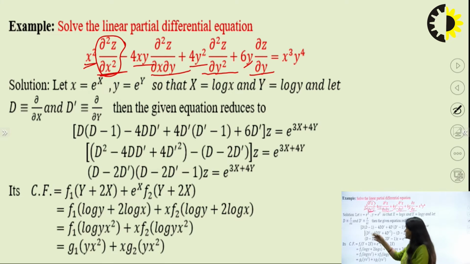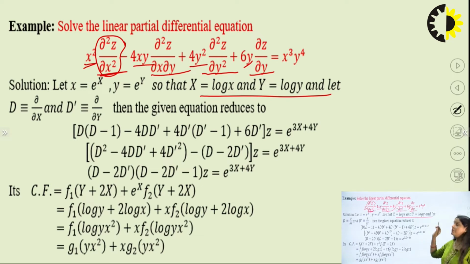Now let's once again assume, as I have already discussed the procedure, we assume small x is equal to e to the power capital X and small y is equal to e to the power capital Y, so that capital X is equal to log x and capital Y is equal to log y. And obviously we get capital D is equivalent to ∂/∂X and capital D dash is equivalent to ∂/∂Y.